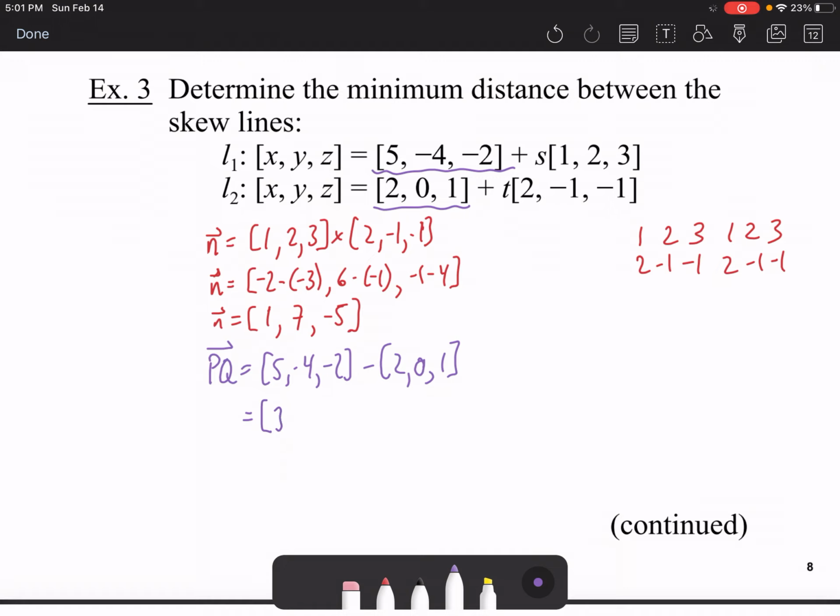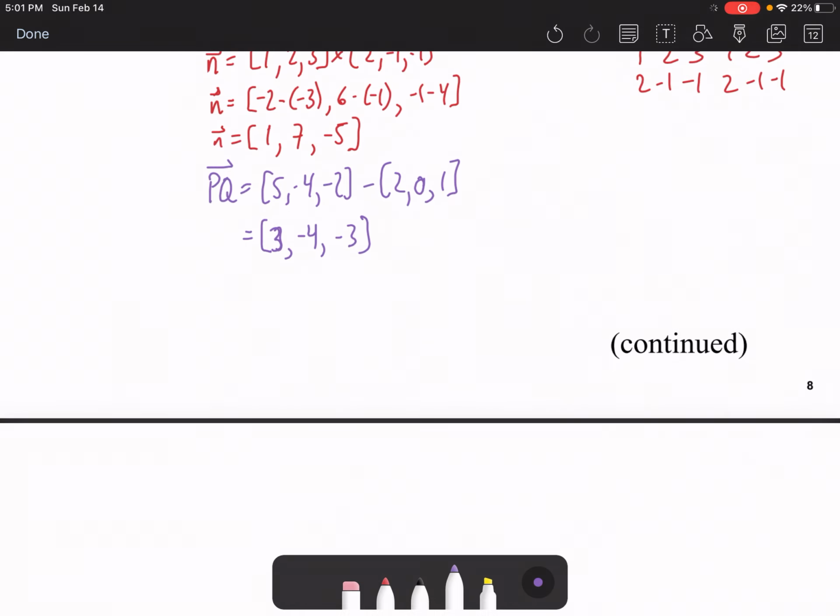So that turns out to be just 3, negative 4, and negative 3. Now I can work out my minimum distance. I'm going to take PQ, dotted with n, find its magnitude, and put this over the magnitude of n.